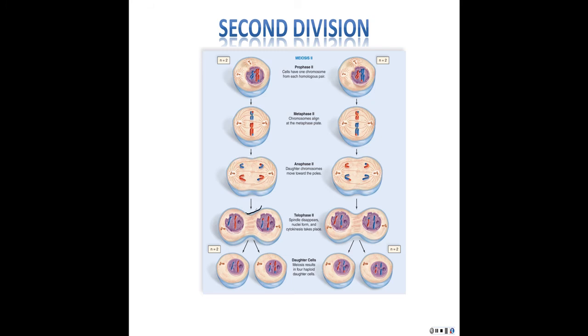Telophase 2, cytokinesis continues, the nucleus reforms on each side, and then later, after telophase 2 is done, we have 4 cells that result from meiosis, and each one of these is completely different from the other. Okay, take a moment again to look at these 4 nuclei. Each one of these nuclei contains a completely distinct genome.